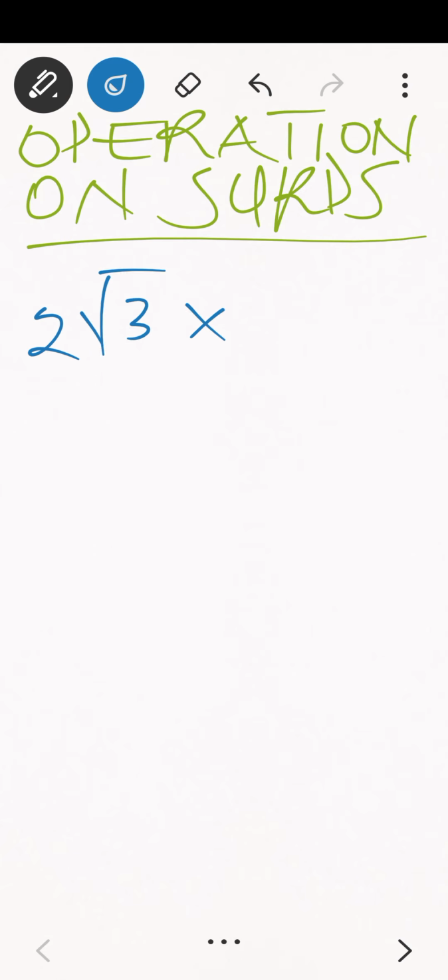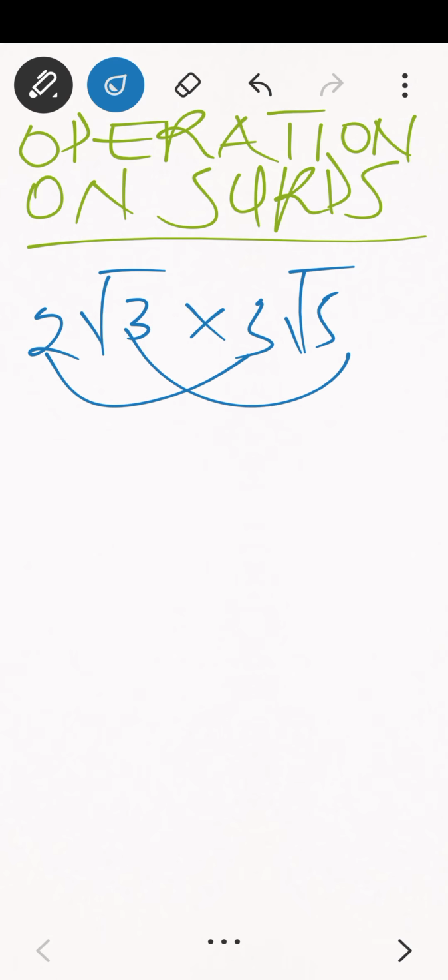So we want to continue with our operation on surds, and if you remember, we stated that assuming you have two surds, for example, let's say we have 2 root 3 multiplying 3 root 5. What we do is that the numbers will multiply themselves and the surds will also multiply themselves.